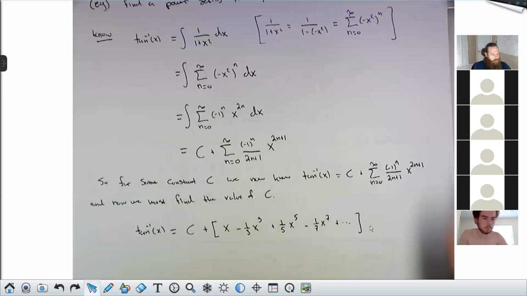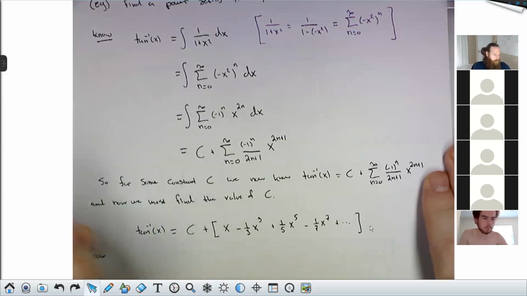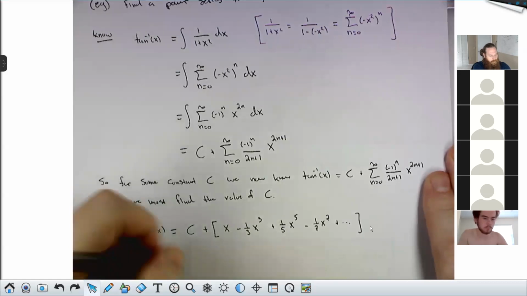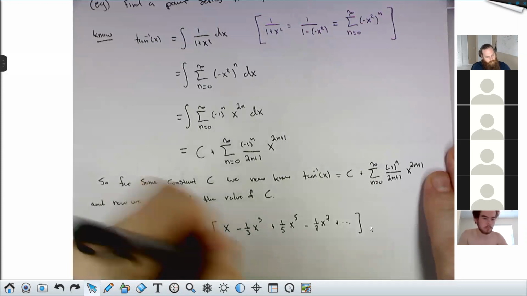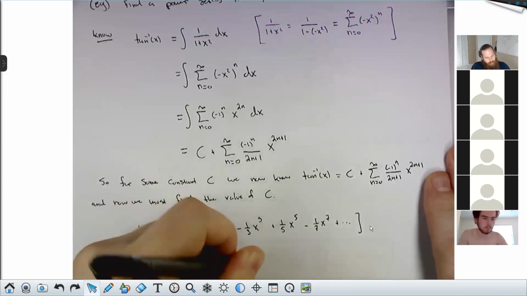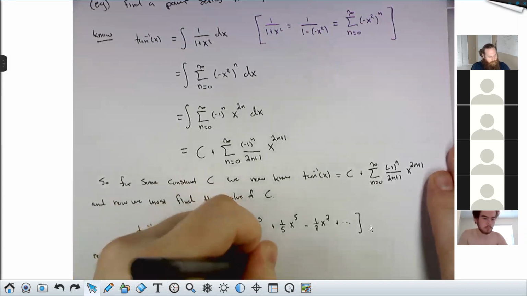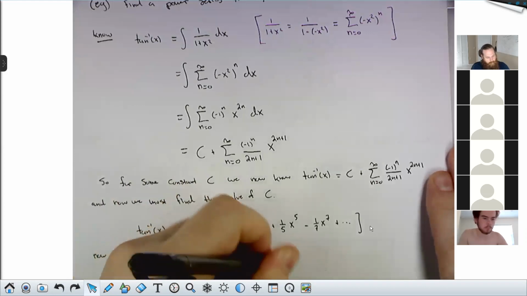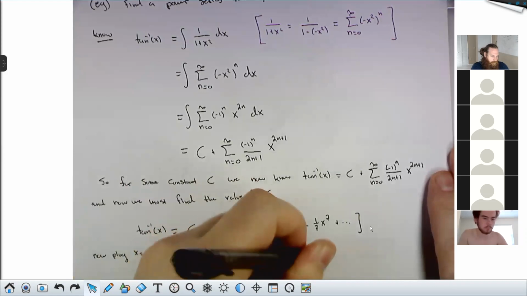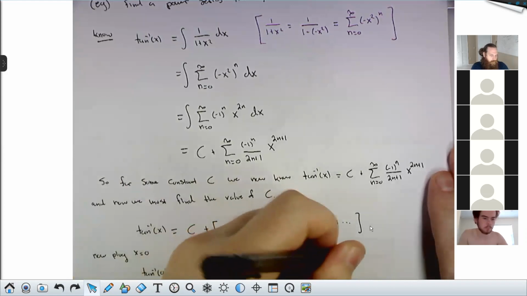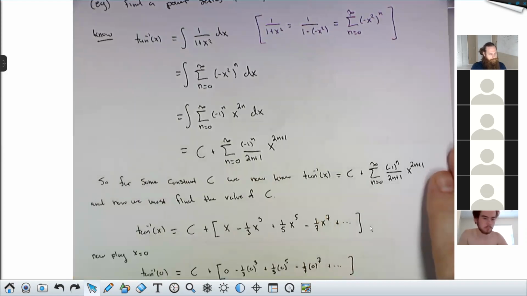Now plug in x equals 0. And you get that the inverse tangent of 0 is equal to c plus 0 minus 1/3 times 0 cubed plus 1/5 times 0 to the 5 minus 1/7 times 0 to the 7, and so on.